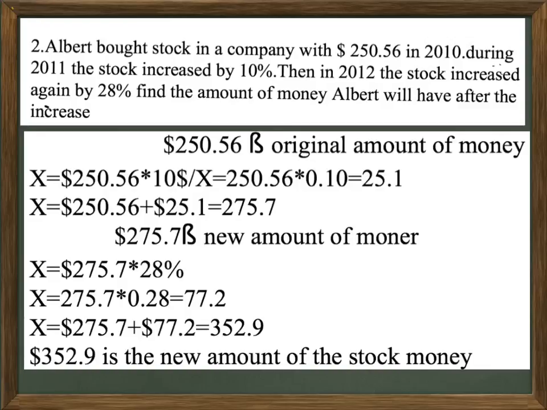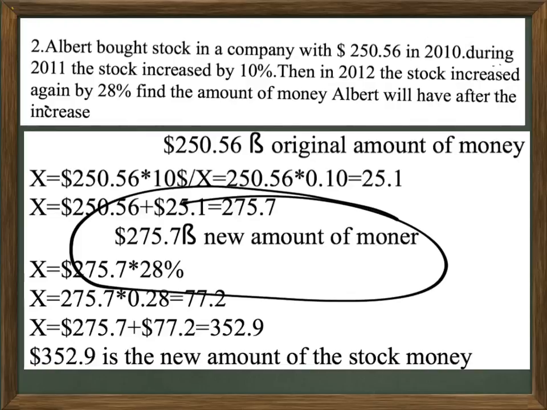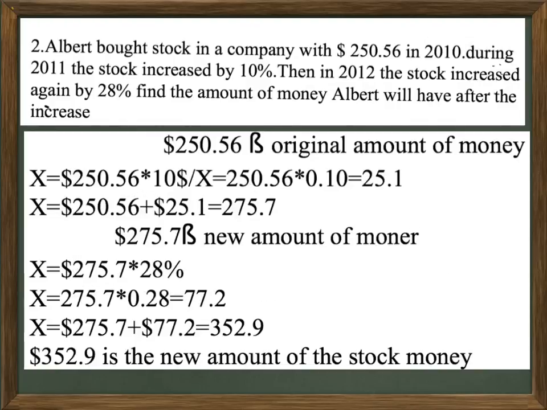And then we add 250.56 to 25.1. You'll get 275.7. So 275.7 is our new amount of money. Okay. Now we have to do another step because first it was 10% and then it's 28% more.